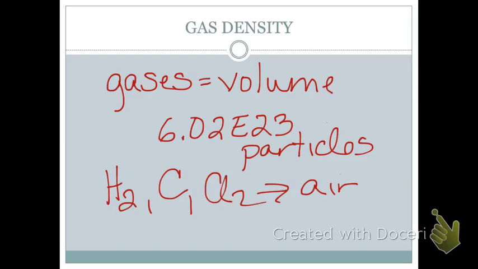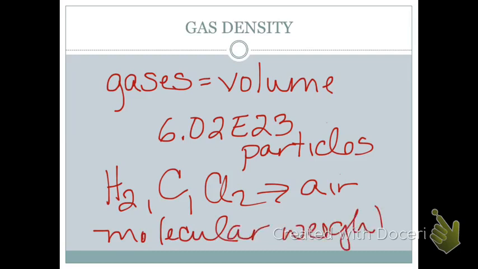So these things vary depending on molecular weight or the mass. So two things when we look at the gas density: we're looking at the amount of gas particles, and we're looking at the molecular weight or the mass formula of these particles.